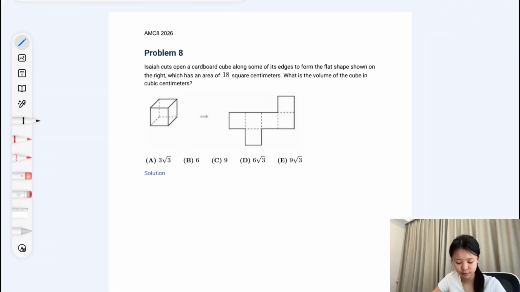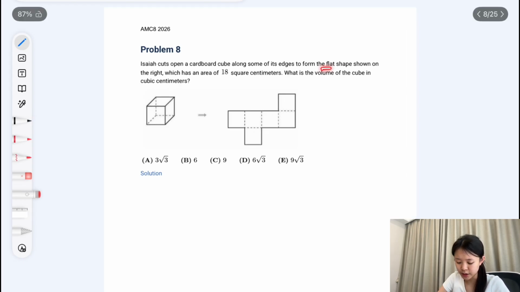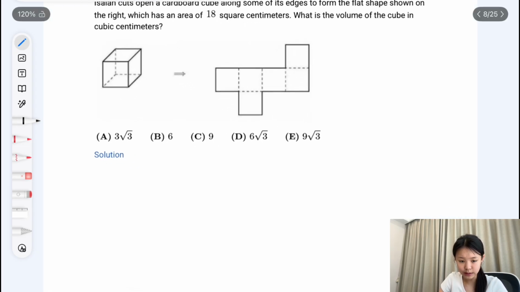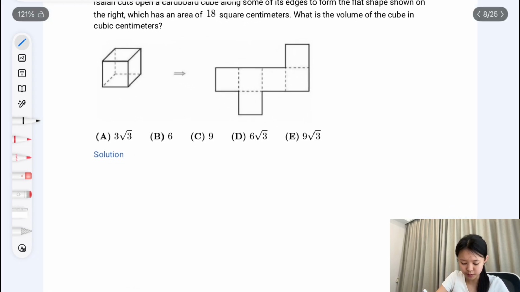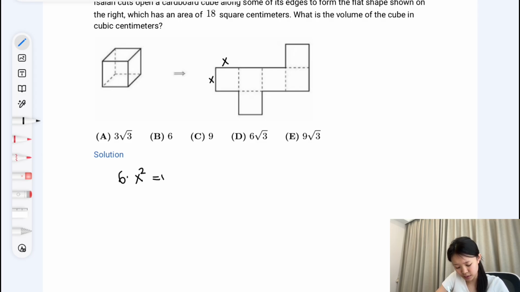Question 8. A cardboard cube is cut open to form a flat shape shown on the right, which has an area of 18 square centimeters. What is the volume of the cube in cubic centimeters? If we write this down as an equation, assuming the side length is x, we have 6 times x squared equals 18, which means x squared equals 3, and x equals square root of 3.